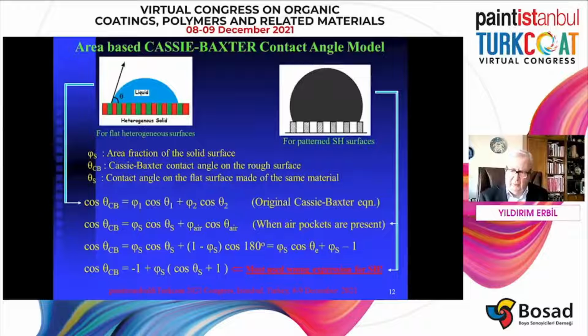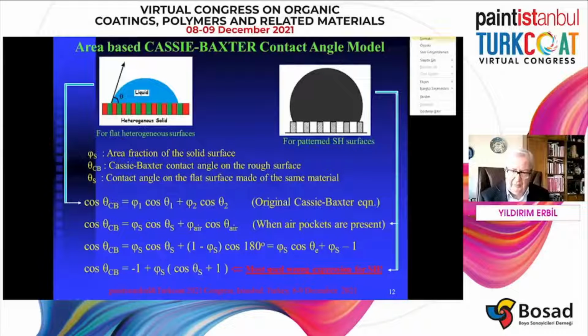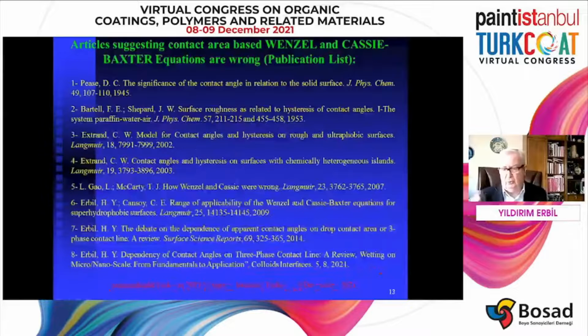Now, this is an old problem, but also there are many articles published suggesting that the contact area based Wenzel and Cassie-Baxter equations are wrong.